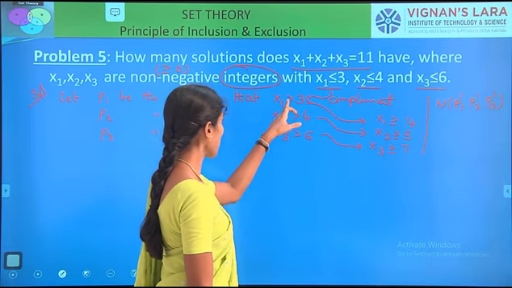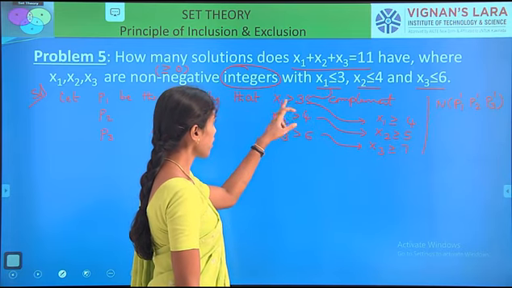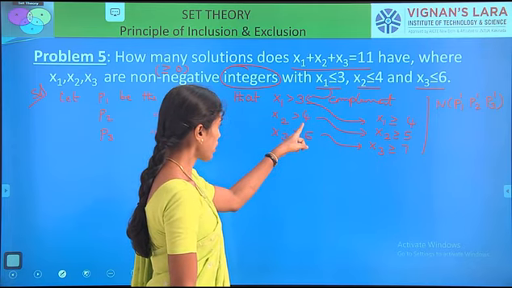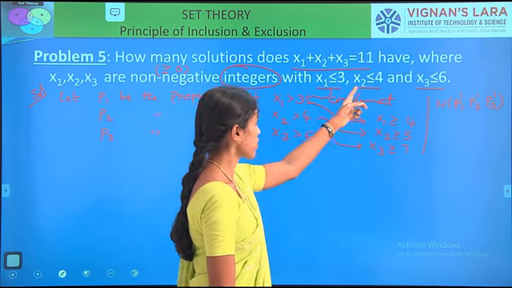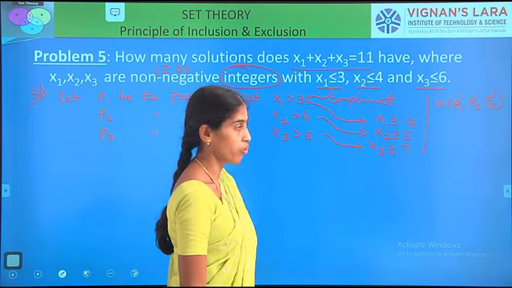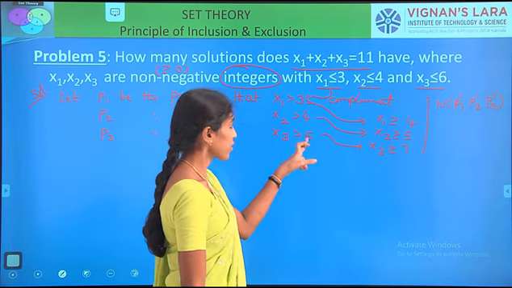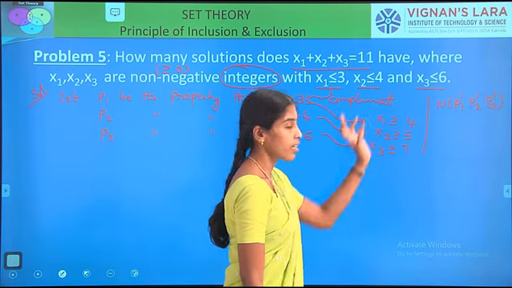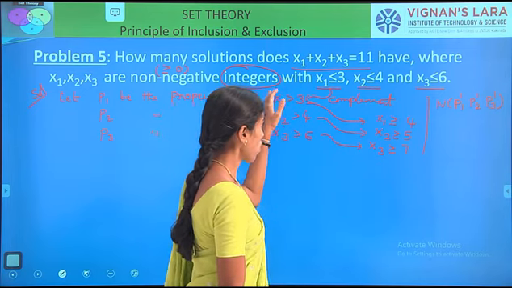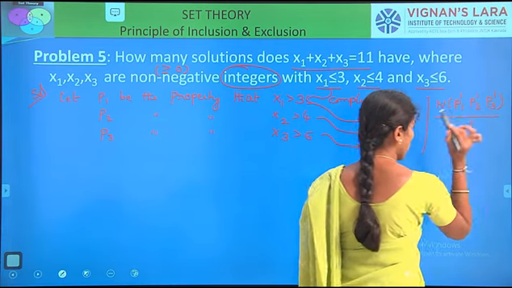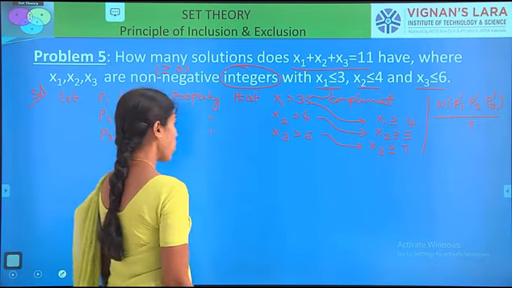Because P1 is greater than 3, its complement is less than or equal to 3. Here x2 greater than 4, its complement is x2 less than or equal to 4. P3 complement is x3 not greater than 6, which means it is less than or equal to 6. So to solve this problem, we need to calculate this value. Right? How can we find out that value?